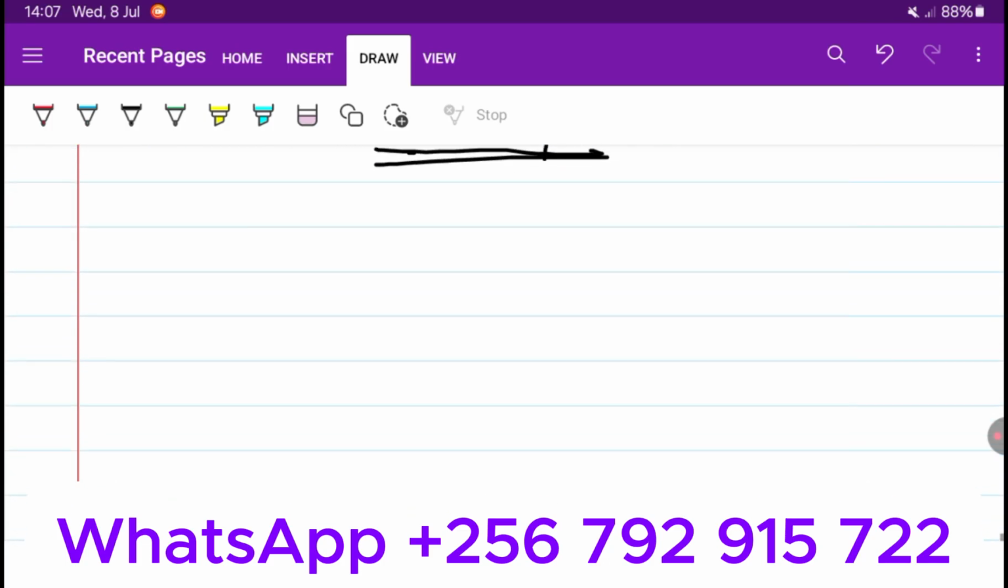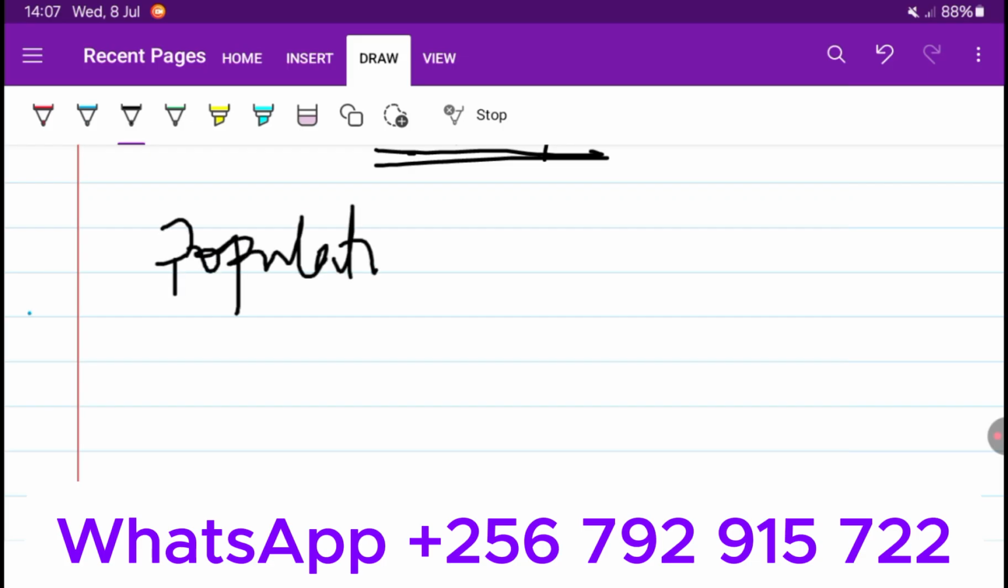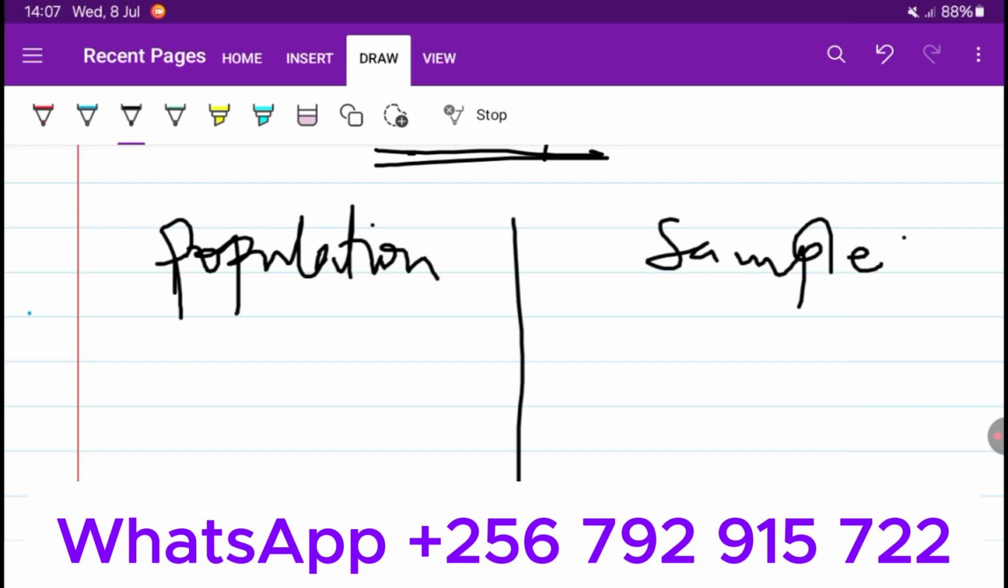But maybe to clarify on the symbol, because I told you they can give you values, and these values can be population. Population looks at the entire data set, but if it is a sample, then the letters keep on changing.